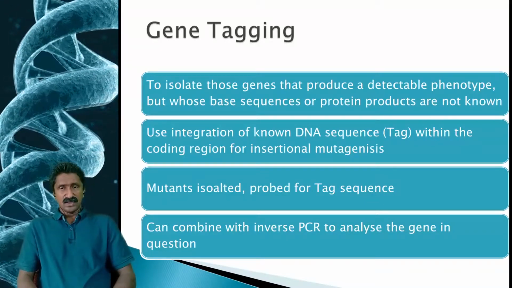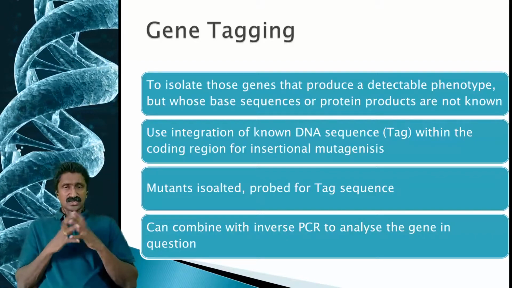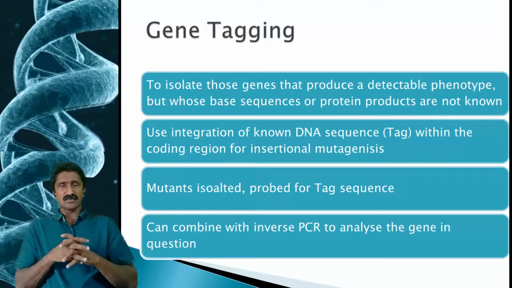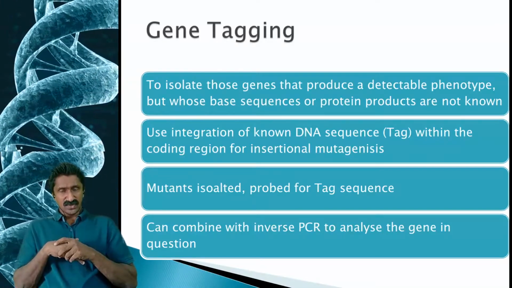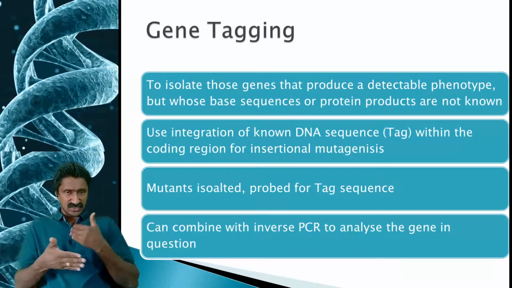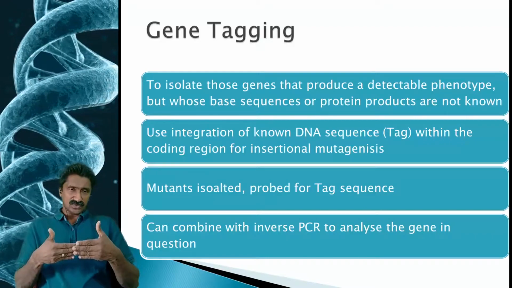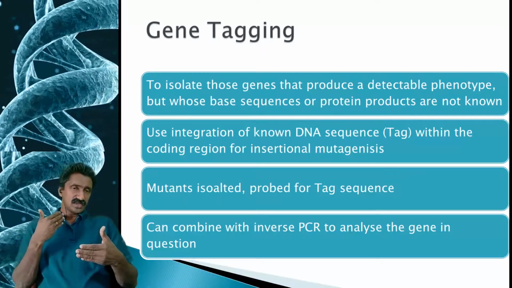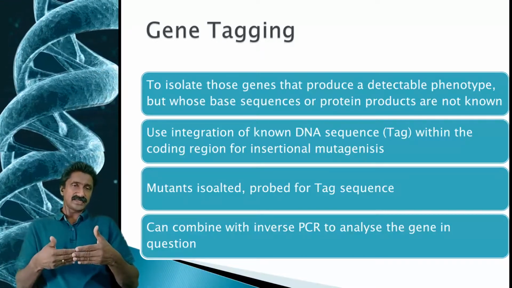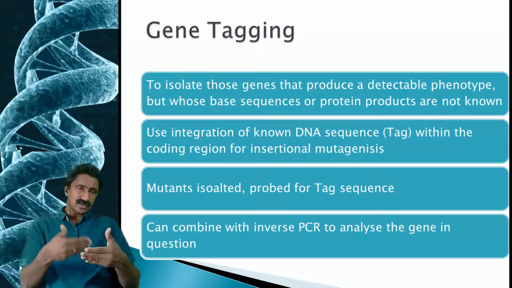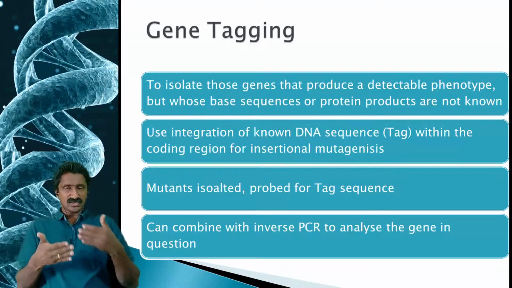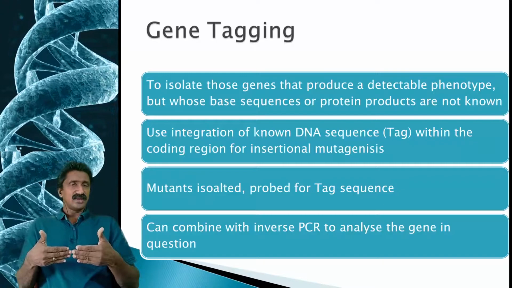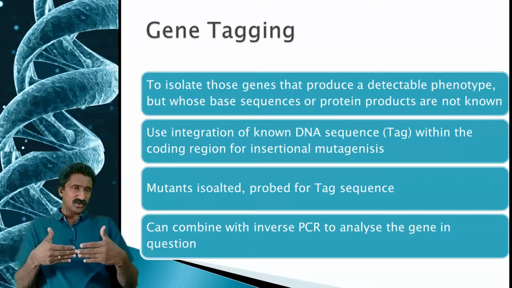How can it be done? Use integration of a DNA sequence or tag, or a non-host sequence, which can be incorporated into the clones. So the clones are attached with the tag and the detectable phenotype, so that those clones can be easily identified. Your first step is the attachment of a tag sequence along with the vector in the cloning step. So during the cloning step, you will attach a tag sequence or a non-host DNA sequence.